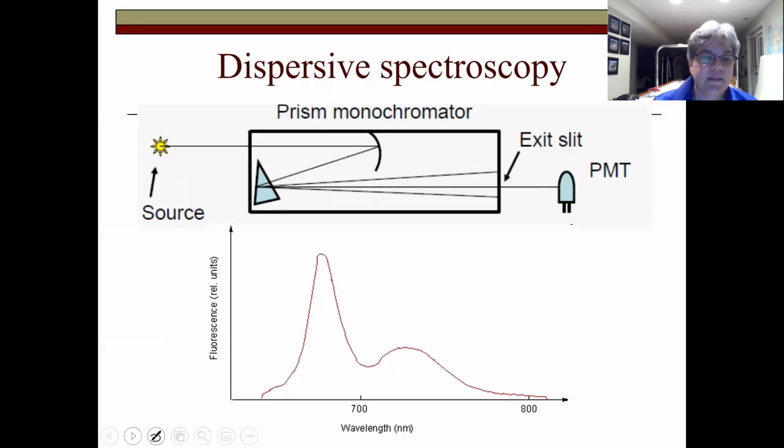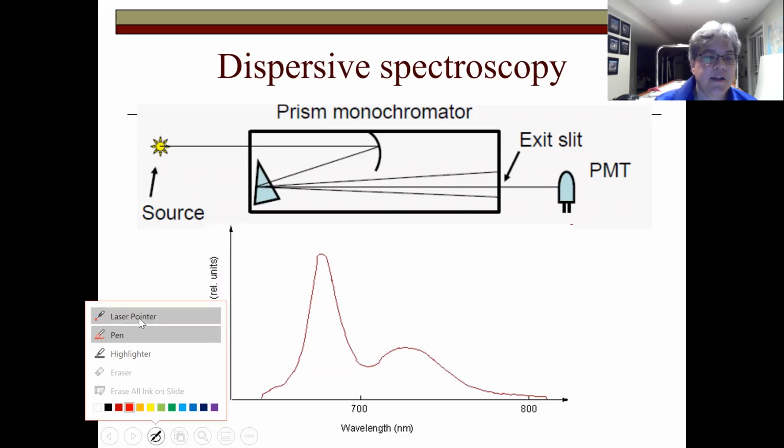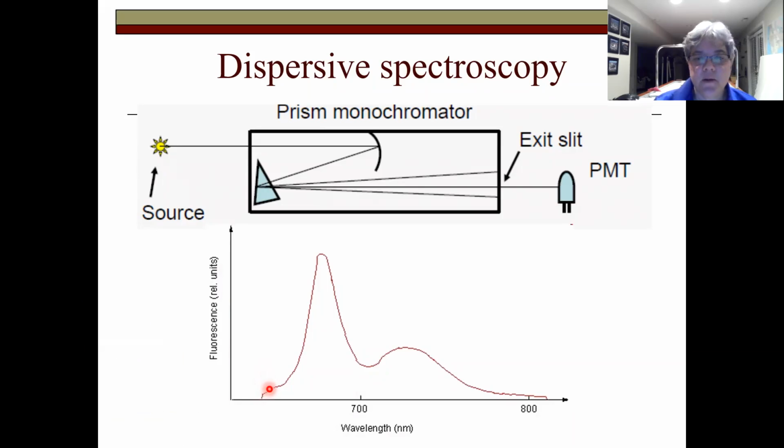And then I need to select another wavelength, and the PMT will detect it. And then another one, and another one. So we have to select the wavelengths one by one and then measure. Select, measure. And this is a slow process. This can take several minutes to get this spectrum.